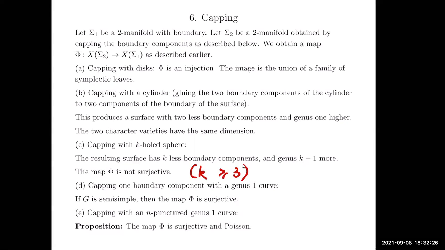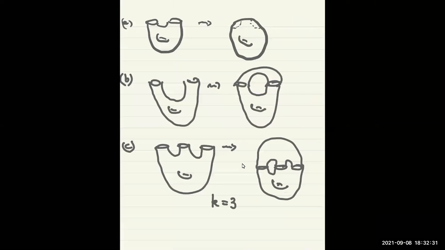It could be surjective in case B. So here we have genus 1 and 3 boundary components. We've glued a 3-holed sphere to the 3 boundary components, and so we now have something with no boundary components and higher genus. Yeah, I should have drawn this better.